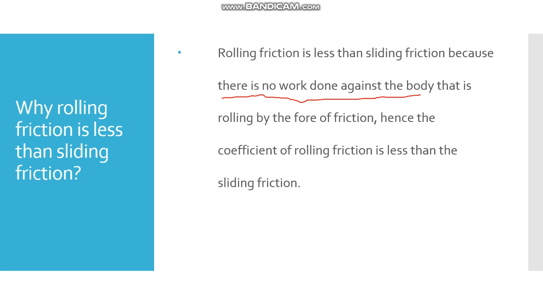Because it makes it easy to shift or move that trolley here and there. The reason is that sliding friction is greater and rolling friction is lesser. Hence, rolling friction is less than sliding friction. So it makes it easy to move that trolley, and the reason is that there is no work done against the body. So this is the reason why rolling friction is less than sliding friction.